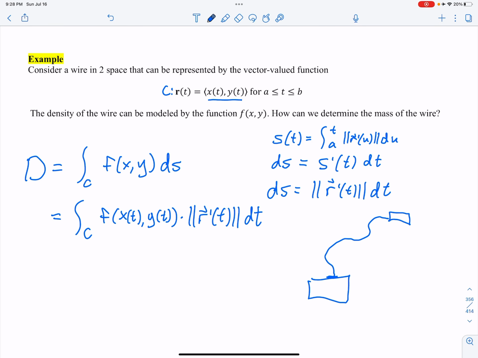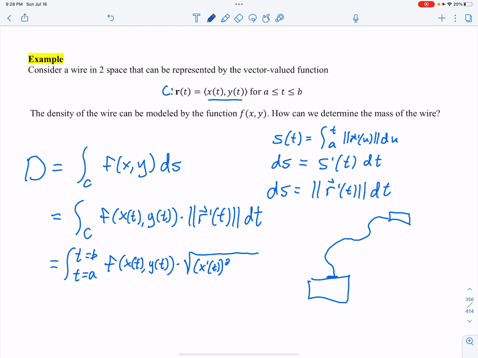All right, we can continue with this calculation by changing our t's. Then I'm going to rewrite something just to connect it to something we've seen before. This r prime magnitude is the same thing as the square root of x prime of t squared plus y prime of t squared, dt.